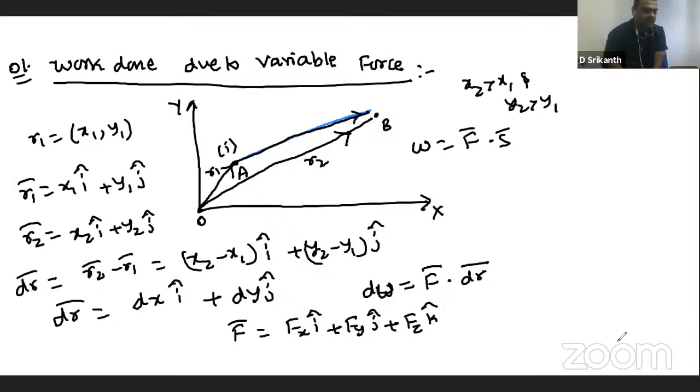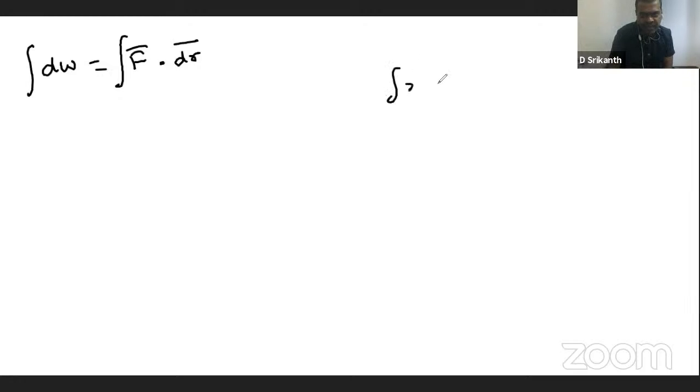And next fz, component of force acting along z-axis. So here we can say that dw is equal to f bar dot dr bar. In order to find total work done, I am integrating it.